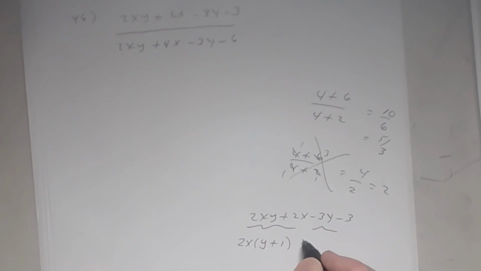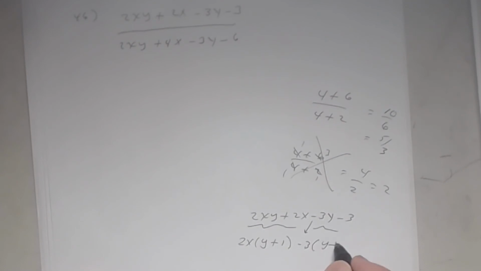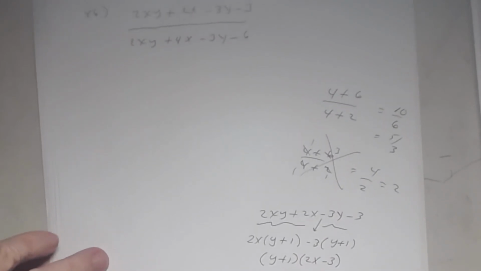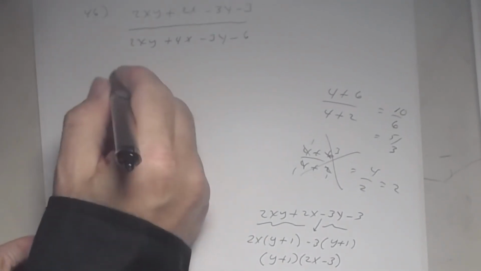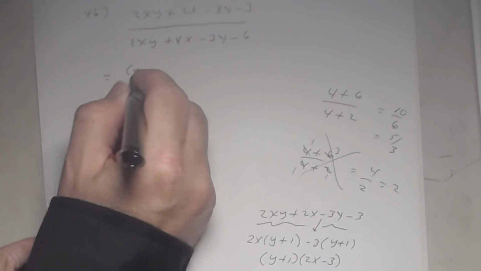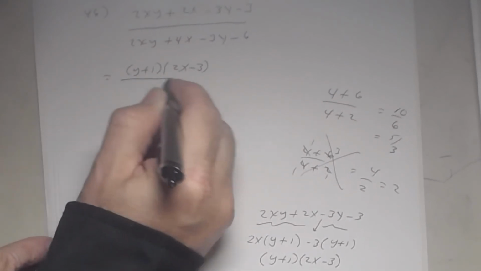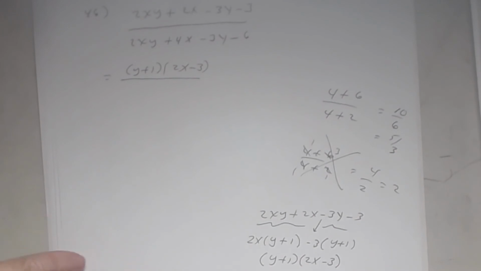Negative 3, and what's left is y plus 1. So you're going to get y plus 1 times 2x minus 3. That can be your numerator, so y plus 1 times 2x minus 3.